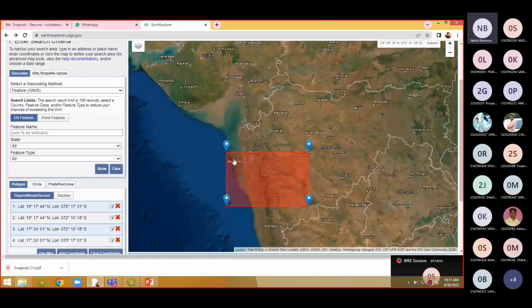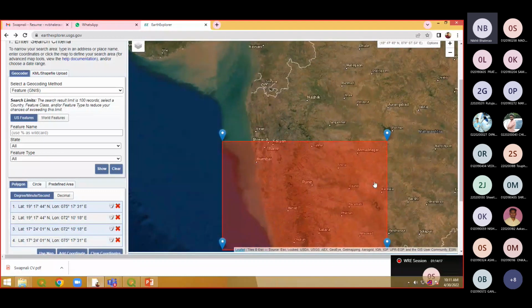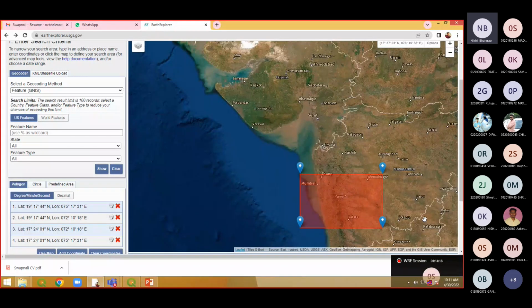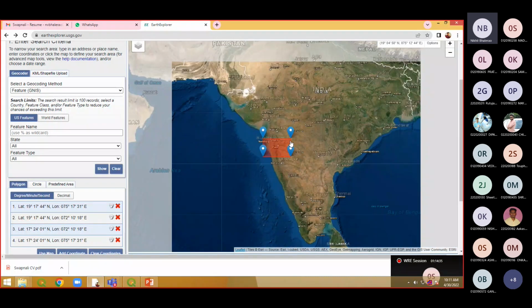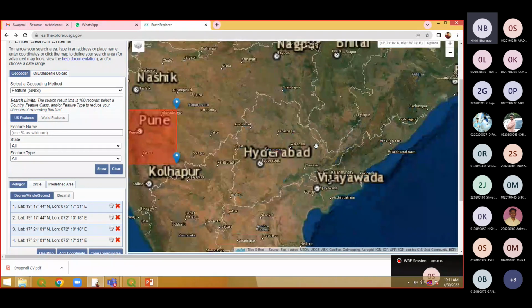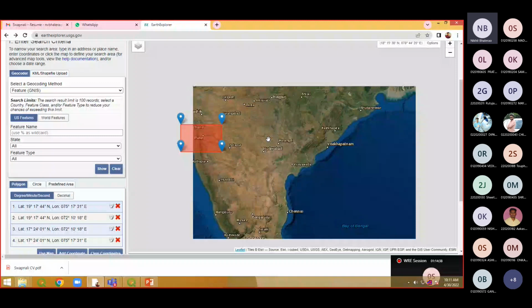So this data will get selected. Now these are the boundaries for which I can get the data. If you see, the area covered is very large. In this case there will be a number of grids coming in this area, and a large number of topo sheets that you need to add here.